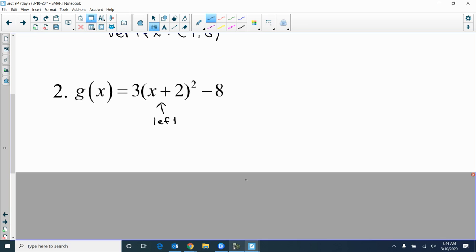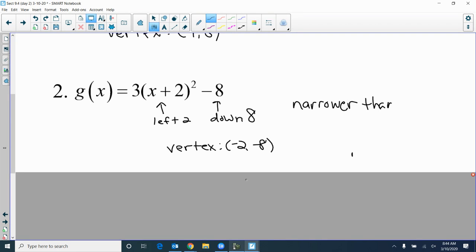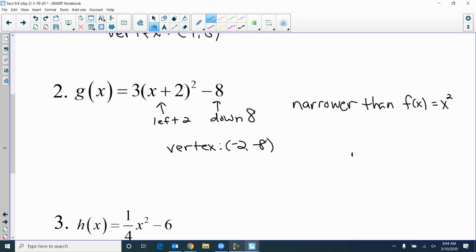Left 2, down 8. That means its vertex is -2, -8. The 3 lets me know that it is narrower than x squared. Okay, narrower than x squared.